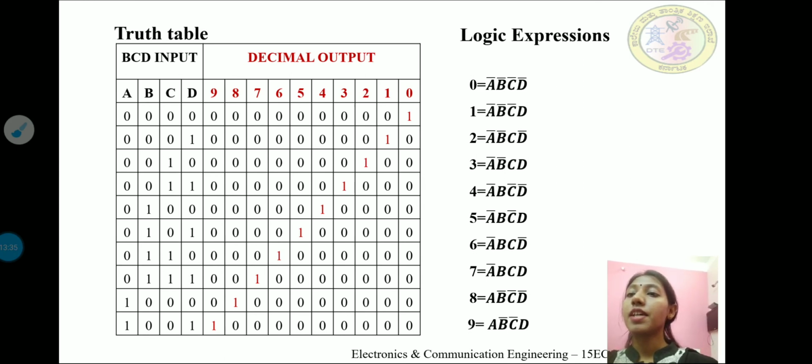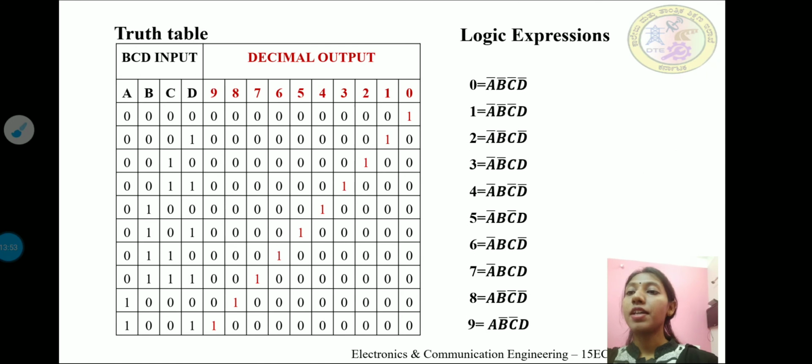And digit 3 is high for the combination 0, 0, 1, 1, and it is expressed as A bar, B bar, C, D. And digit 4 is high for the input combination 0, 1, 0, 0, and it is expressed as A complement, B, C complement, D complement.